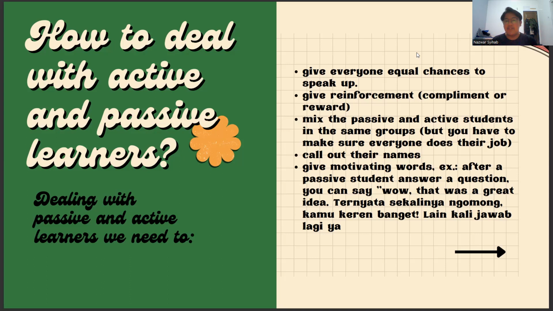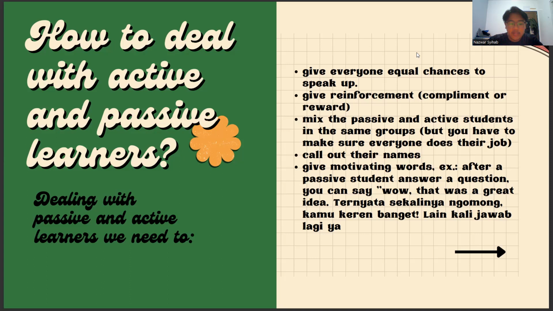And the second one is give them reinforcement. So what is reinforcement? So reinforcement is, for example, like compliment or reward. So we as a teacher, when we are teaching young learner, when young learner is answering question or giving question, sometimes we need to give them a compliment or a reward so that the young learners can be motivated to speak in the class.